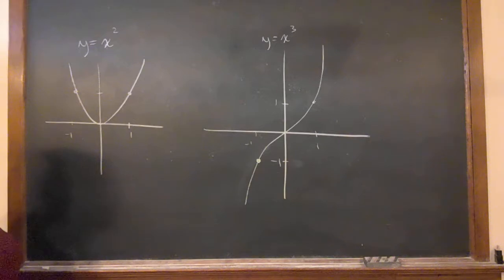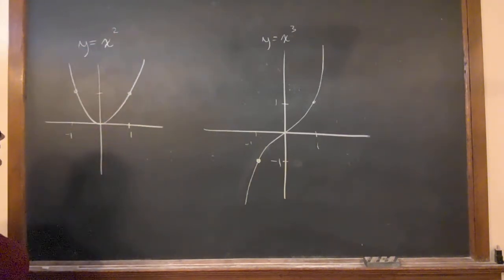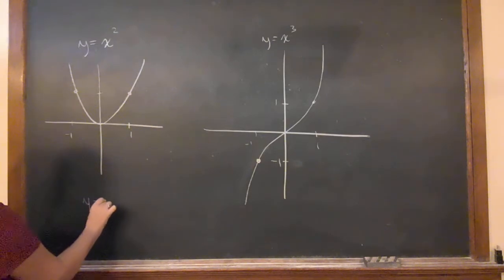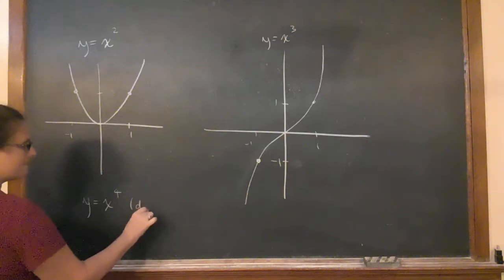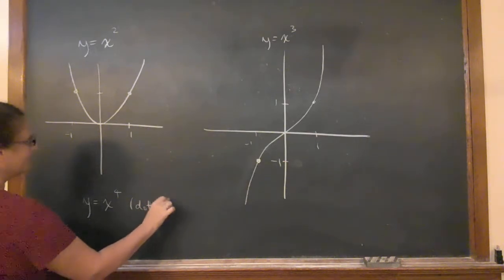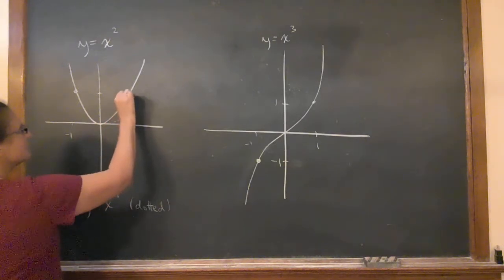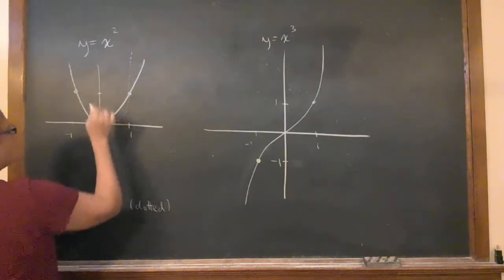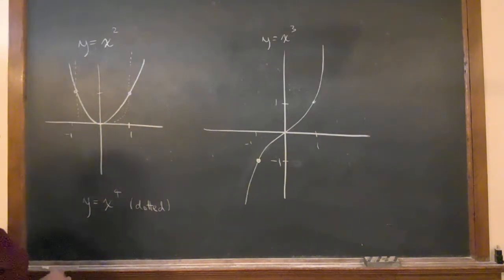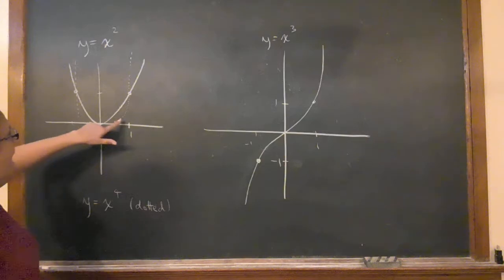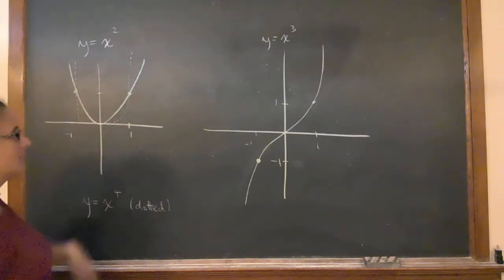Now, what's going to happen when this exponent grows? Okay, so if I do y equals x to the 4th, and I'm going to use dotted lines, what's going to happen is this is going to be less than that. It's still going to go to 1, and it's going to go up faster. So your even ones, as your power increases, this gets closer and closer to flat, and this gets higher and higher like that.